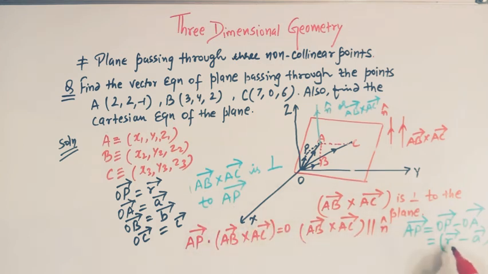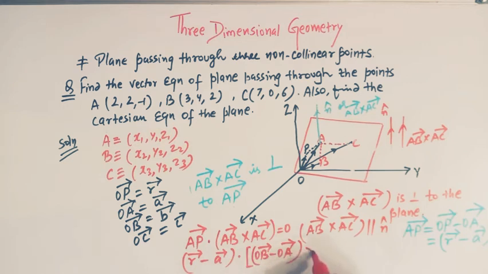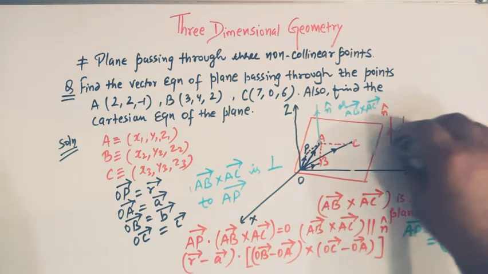Now AP is vector R minus vector A, and this is the dot, and then we have AB. Vector AB can be written as OB minus OA, and cross, here we have AC. AC is OC minus OA.